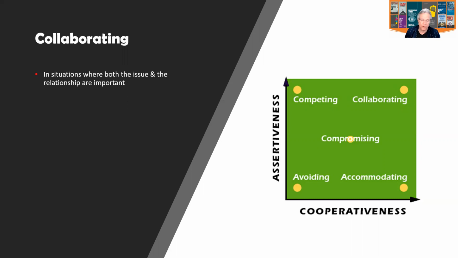So a good example of this would be another team member working in another team who basically is on equal footing with you, and both of you have got an issue that you've got to deal with between your teams. Then that would be a classic case where you would actually try to collaborate, at least in the short term. Another case would be where the outcome satisfies both parties.